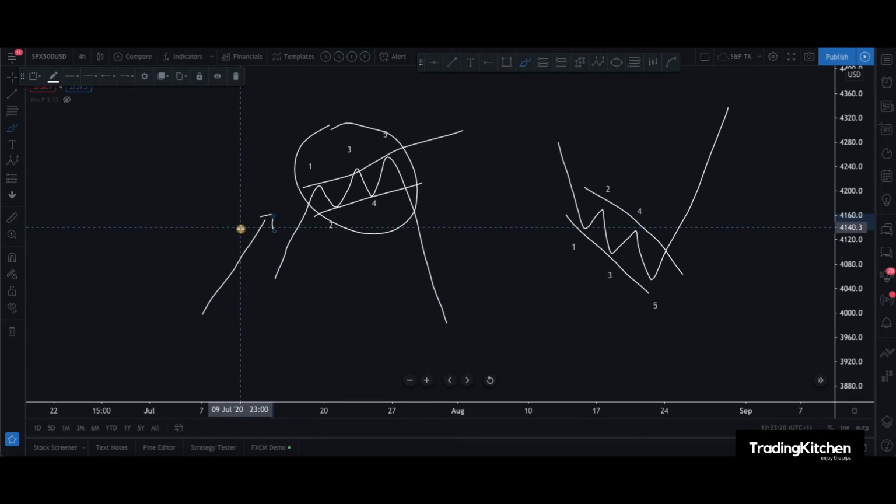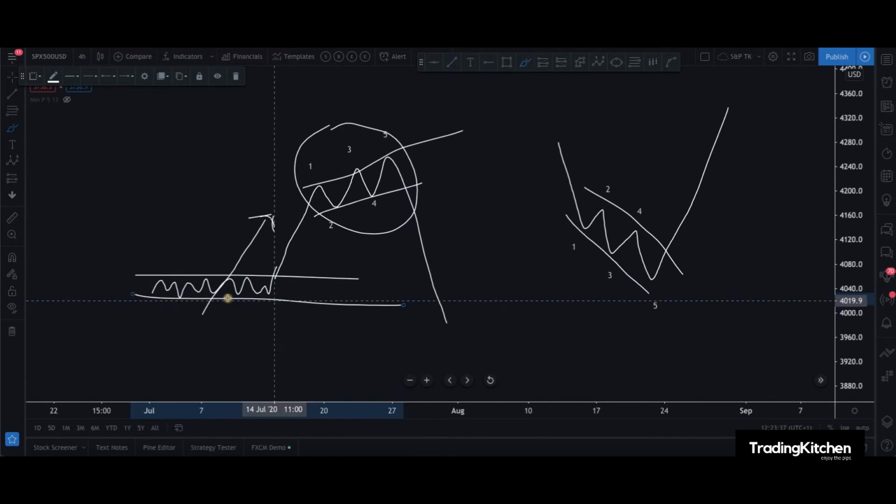And most of the time an impulse is generated from a consolidation, after a consolidation period, or in a supply zone or demand zone in a structure.